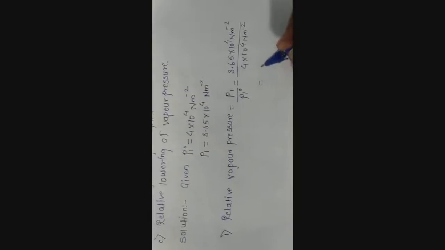P1 is given as 3.65 into 10⁴ Newton per meter square upon 4 into 10⁴ Newton per meter square. Simplifying this equation, we are getting the value 0.9125. Newton per meter square is cancelled. That is the relative vapor pressure.